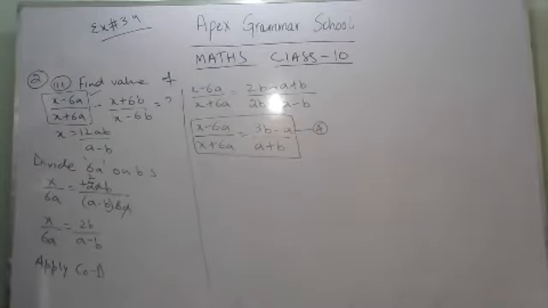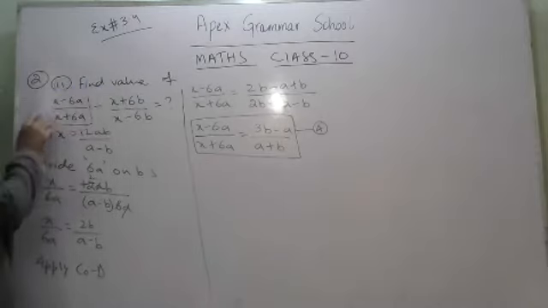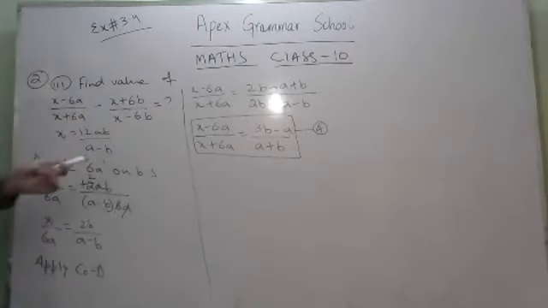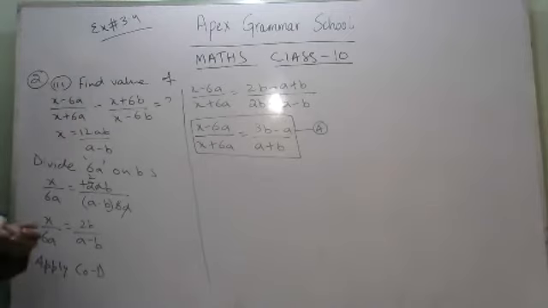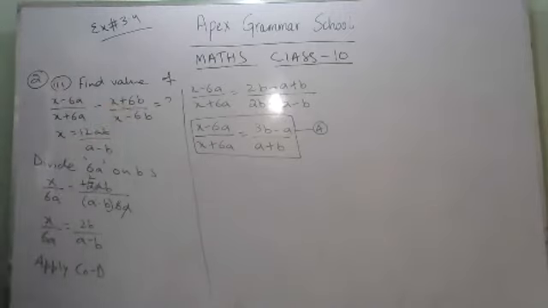Now for the second one, I will solve this again here. For this requirement, to find the value of x plus 6b over x minus 6b, here the positive operation will be on the numerator and the negative operation on the denominator.